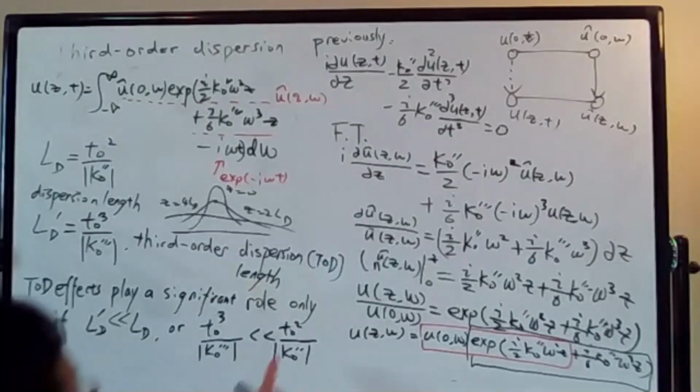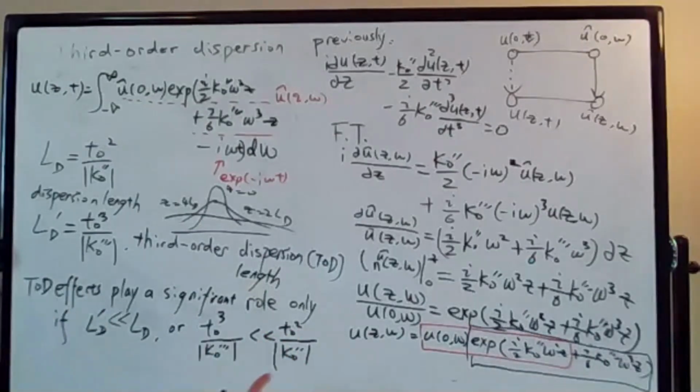So T naught square cancels out. We move this K naught double prime to the left-hand side, so we have K naught double prime over K naught triple prime, absolute value, times T naught, far less than 1.